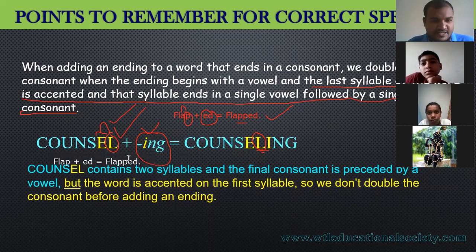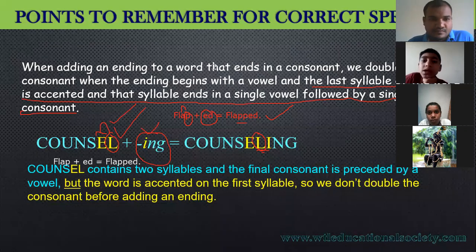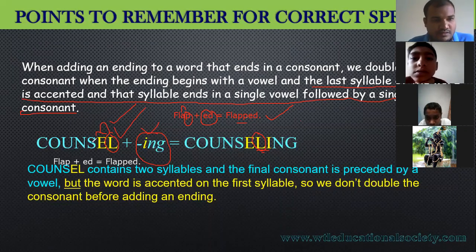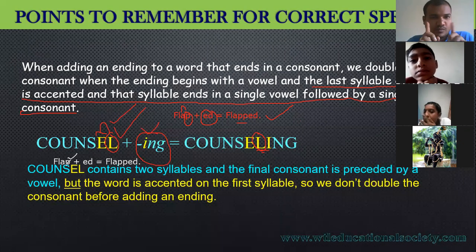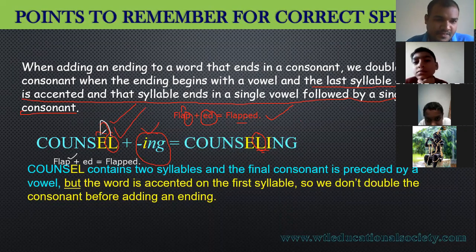Are you all able to see this? Yes, sir. As this word also ends with P, a consonant, both are the same. It is preceded by a vowel, and this is also preceded by a vowel.